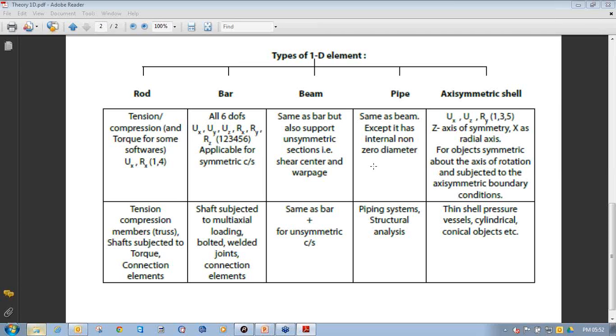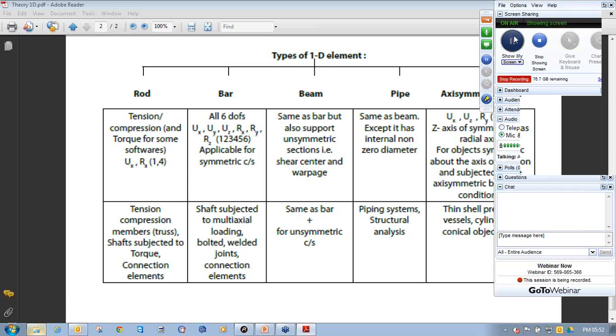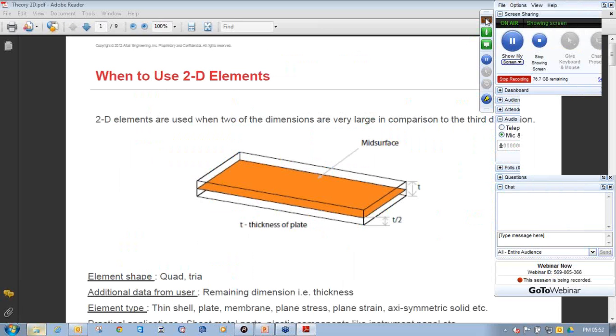These are used for objects symmetric about the axis of rotation and subjected to axisymmetrical boundary conditions. The practical applications where the axisymmetric shell elements are used in FEM solvers are thin shell pressure vessels, cylindrical and conical objects. So these are the basic introduction.